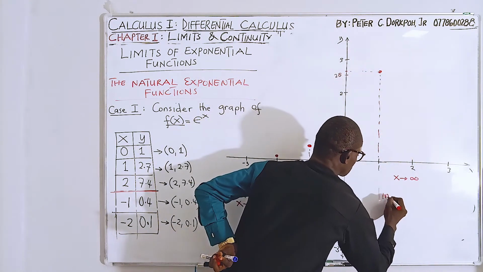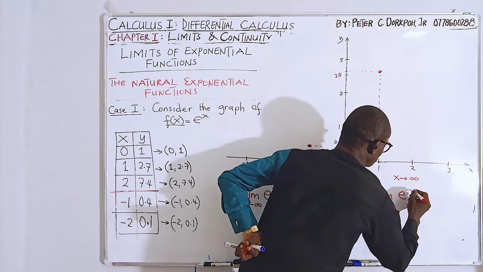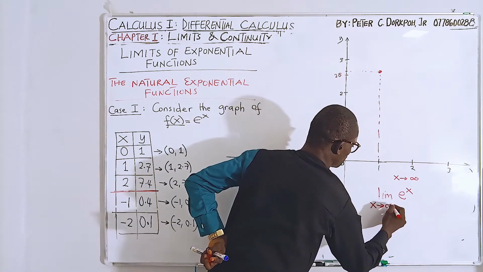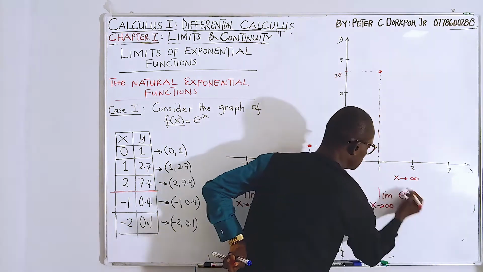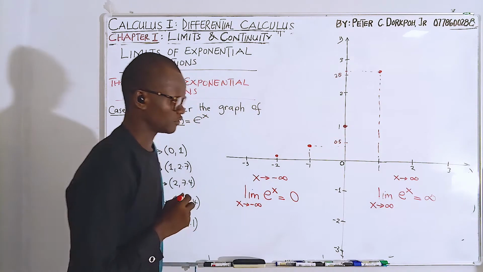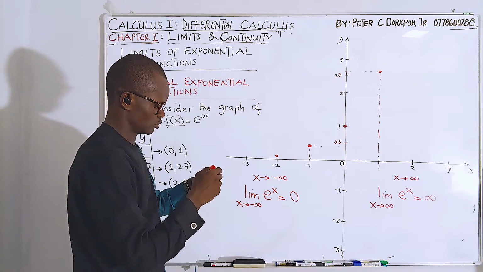So we say the limit of the function e raised to the power x as x approaches positive infinity is equal to infinity, some large values.